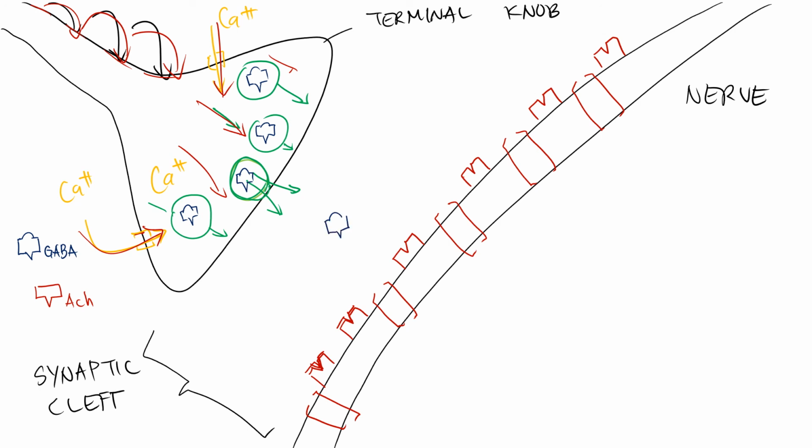This time it's GABA, and your GABA neurotransmitters will eventually pair up with your receptors. Of course, we're talking about GABA receptors. What happens when GABA pairs up with its receptors? Your sodium channels do not open.